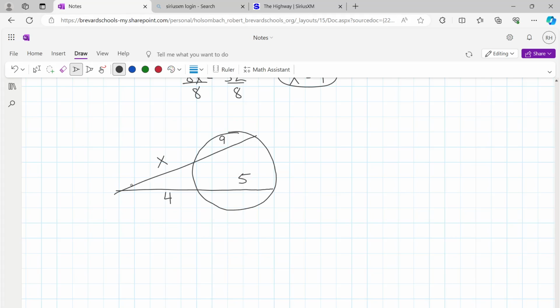All right, and the key here, we've got secants. We've got segments going through a circle, intersecting a circle at two places, and then those secants are intersecting outside of the circle.